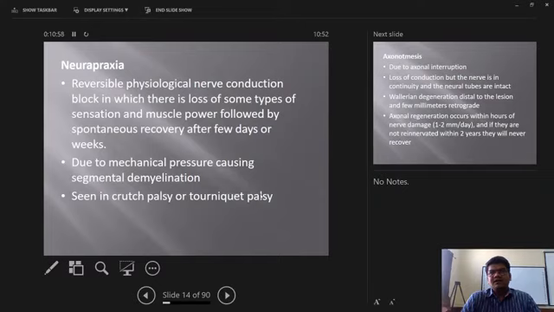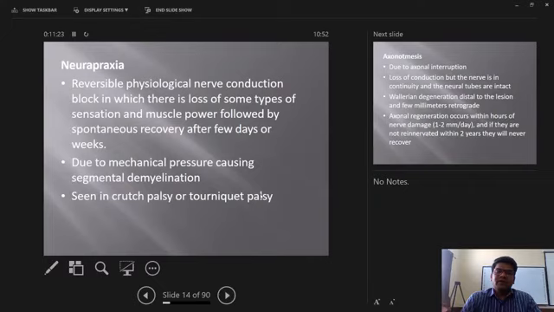So it is reversible, in which there is loss of some types of sensation and muscle power, followed by spontaneous recovery after a few days or weeks, around 6 weeks to 6 months.